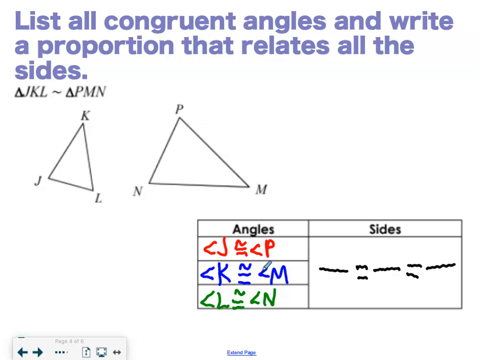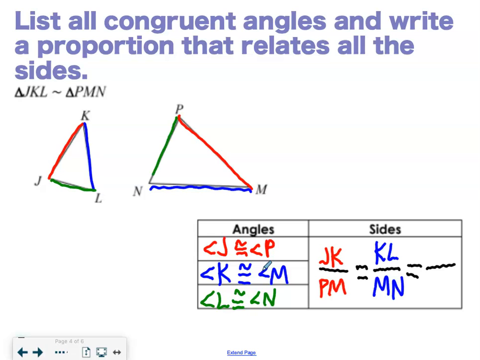What would JK match? PM, right? So JK corresponds to PM. And if I keep working around, to MN. And then our last one, JL and NP.